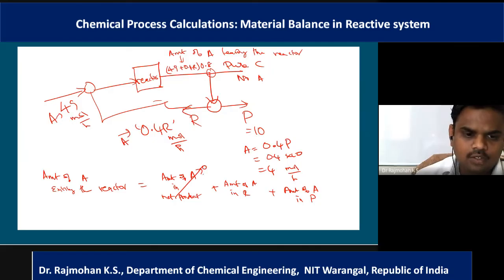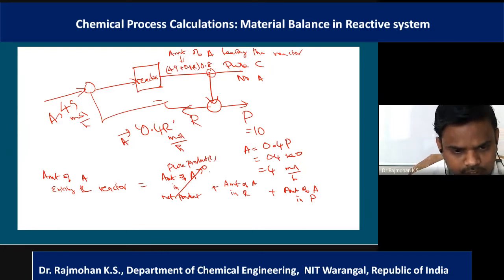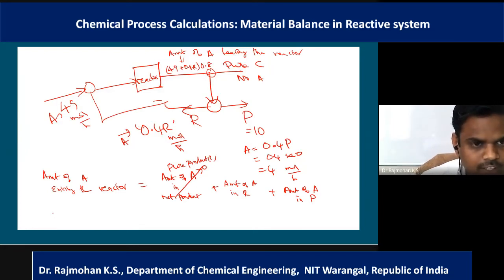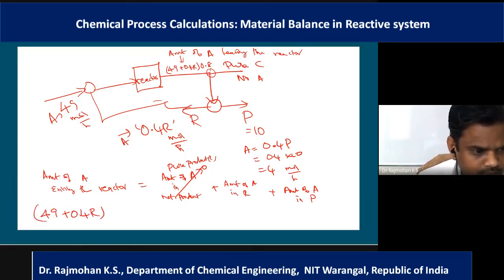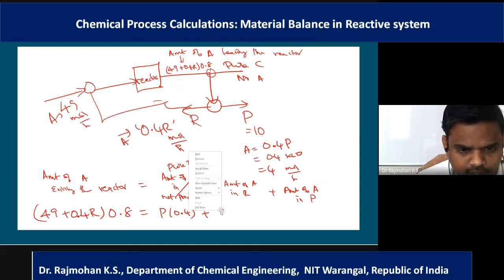Here the net product term is 0 because pure C is leaving the system. So we can equate: (49 plus 0.4 R) into 0.8 is equal to P into 0.4 plus R into 0.4.